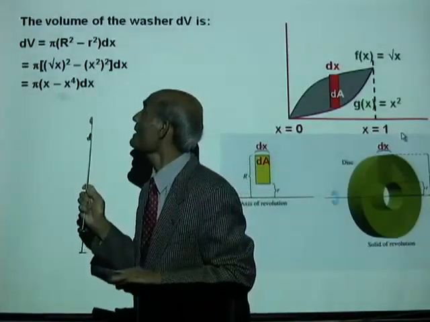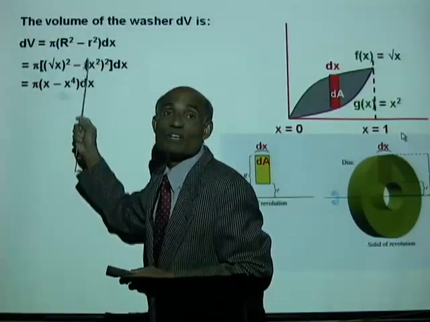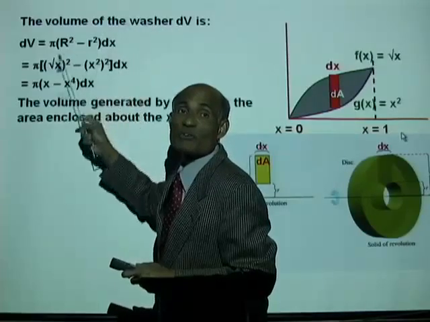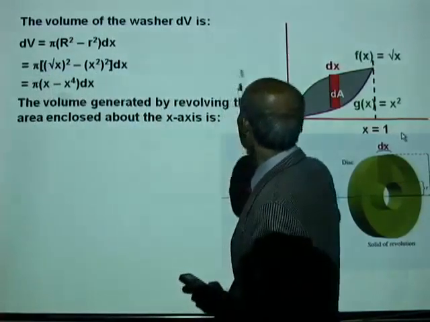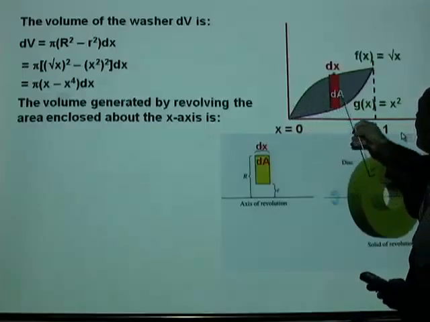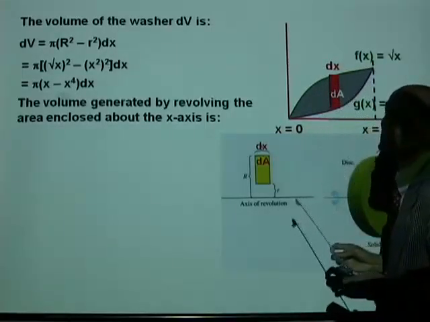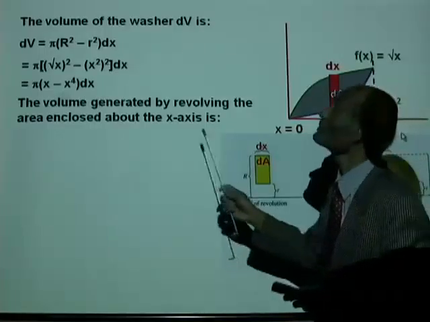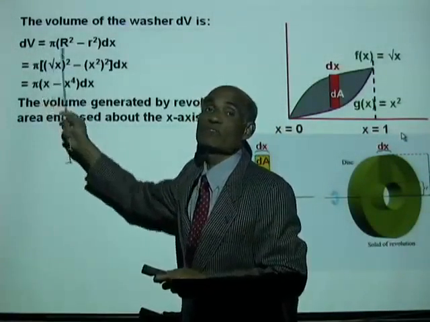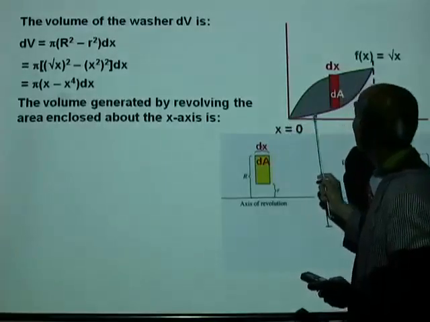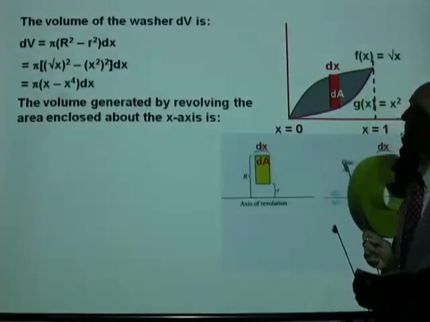And now you can integrate that dV. This is our dV. In order to find the total volume obtained by revolving the whole area about the x-axis, what do we do? Integrate that dV from x equal to 0 to x equal to 1.